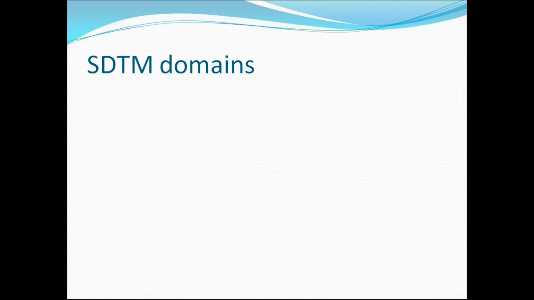The SDTM domains: from screening to the end of the clinical trial we get enormous data, so we need to manage it. Based on some observations or values, the Clinical Data Interchange Standards Consortium has divided it into some classifications: interventions, events, special purpose, findings, and trial design models.